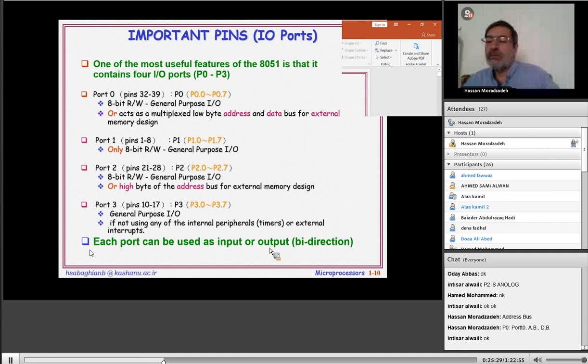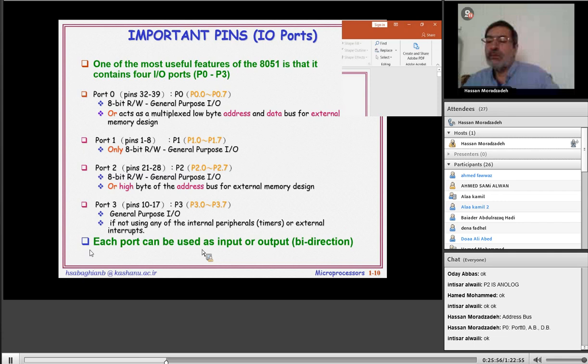And port 0, general purpose I/O, 8 bits of read and writable general purpose I/O, if not using any of the internal peripherals, for example timers or external interrupts, okay. Each port can be used as input or output. That means it's bidirectional. You use DDR, for example, data direction of port A, port B, port C, D.